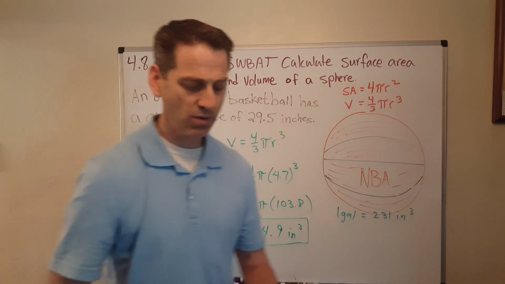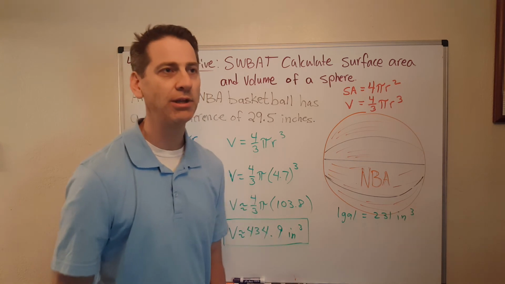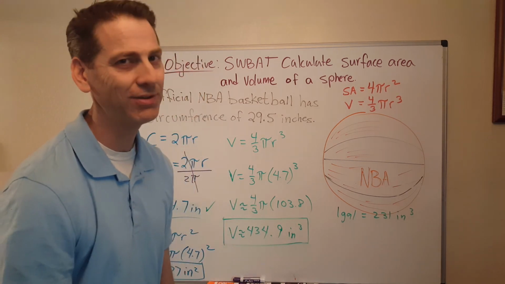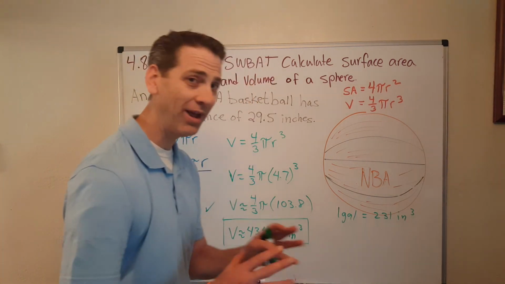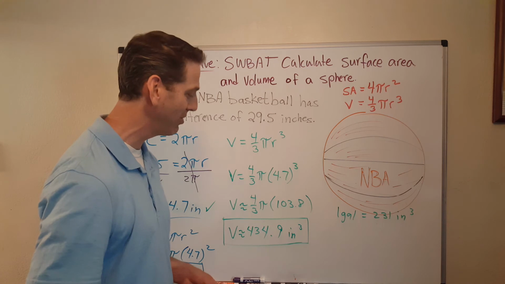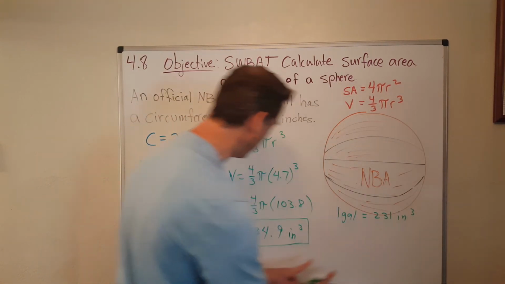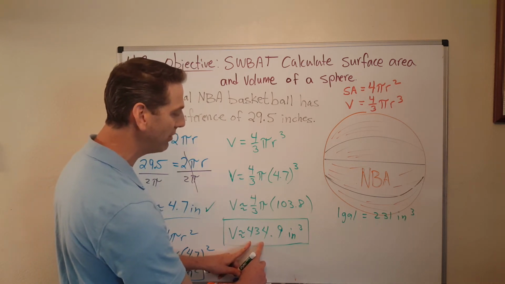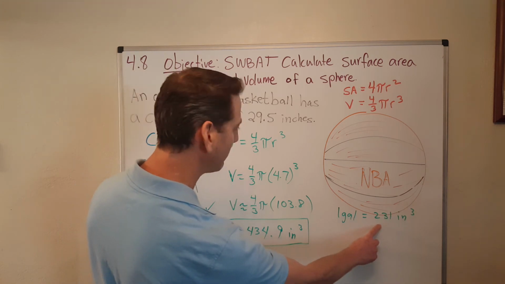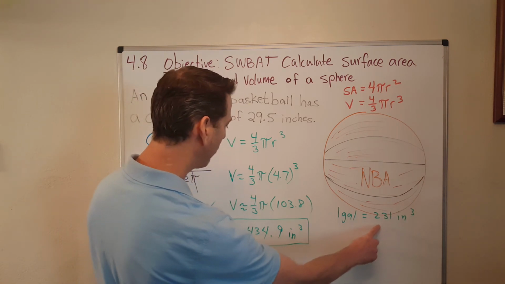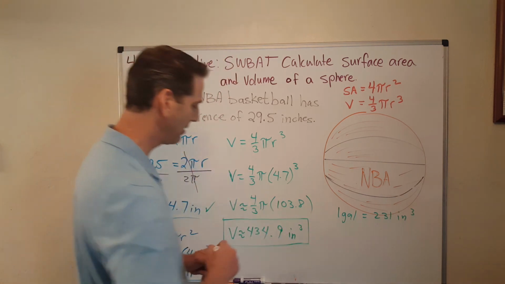So what if they asked you, hey, how many gallons could you fit? Well, you'd have to know this conversion factor, which they would probably give to you. Now we've done this before, but this is a good review. If 1 gallon is 231 cubic inches, how many gallons is in 434.9 cubic inches? Well, you can figure out that that's about twice as much, huh? So you're probably right around 2 gallons, I'm guessing. Okay, but here's how we would do it exactly.